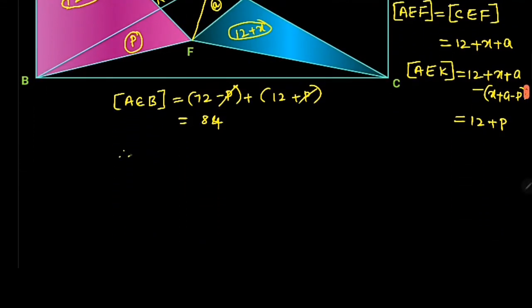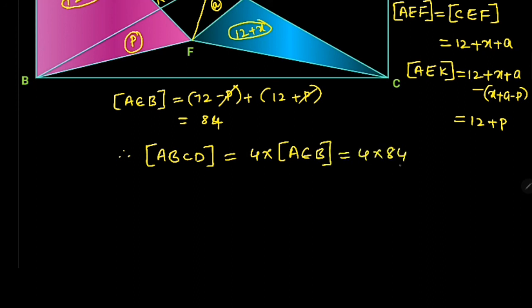Therefore, you can find the area of rectangle ABCD as 4 times the AEB triangle, that is 4 into 84, which is 336. This is the area of the rectangle, 336 square units.